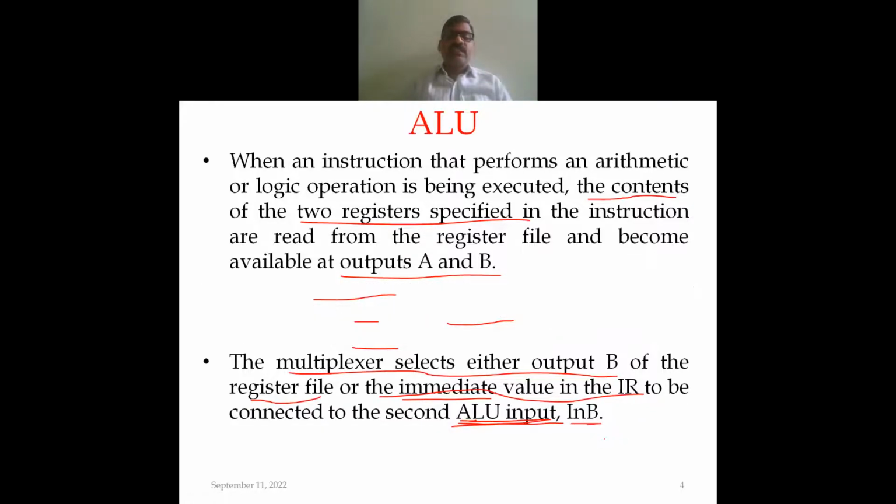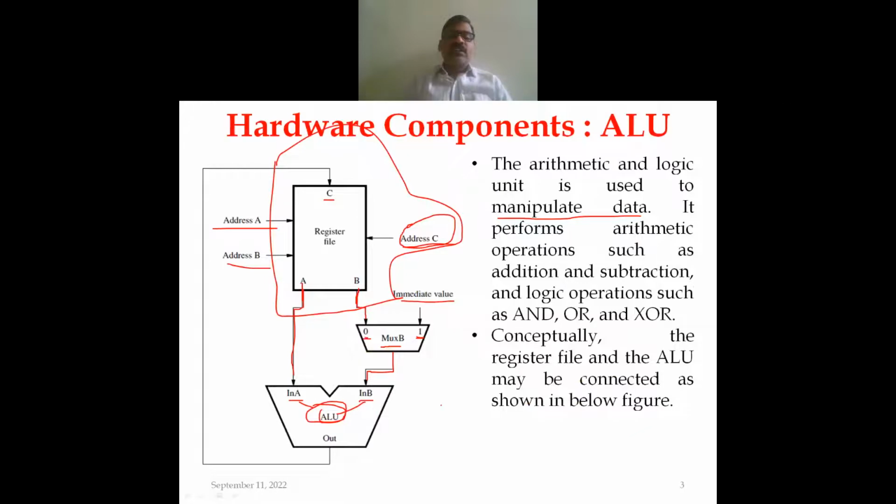Just now we have seen that in the previous slide. This is what we are doing here basically. If it is an immediate operand, MUXB will select that by setting the selection bit as 1, and that immediate operand value is given as input to the arithmetic logic unit as INB.